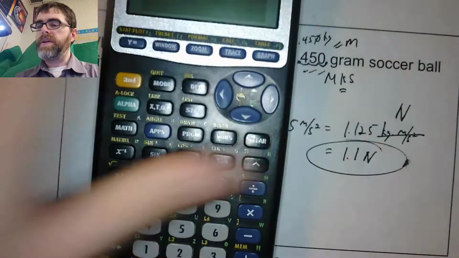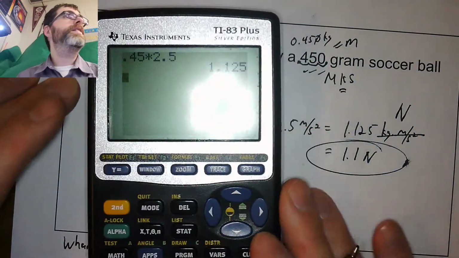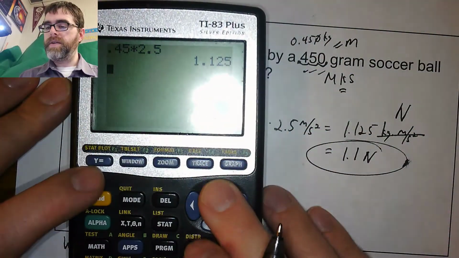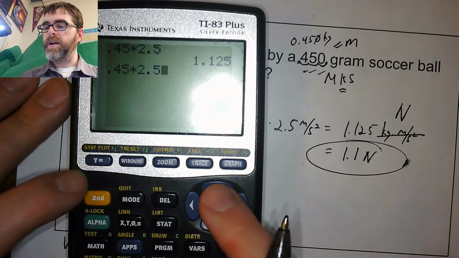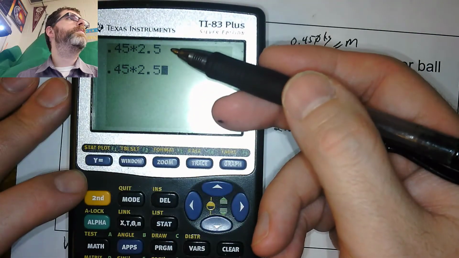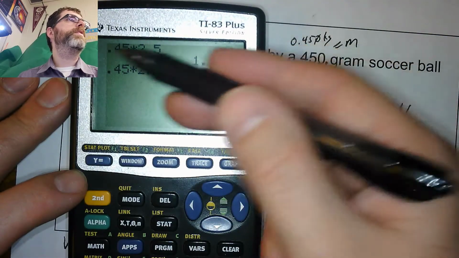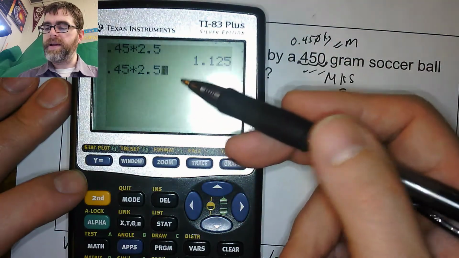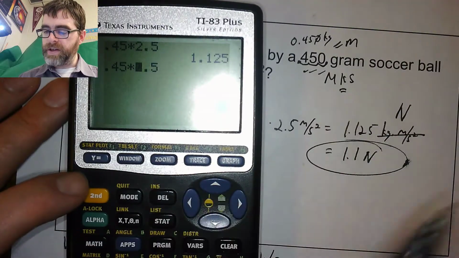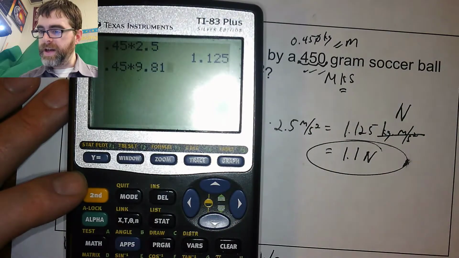And so now let's just punch those into the calculator. And the nice thing here is I can just come up here and second enter, or on some of the newer 84s, you can come up here and move your cursor up. It will highlight the whole equation, hit enter, and it will retype it there. And then all I have to do is change my acceleration. Saves me a little bit of retyping.